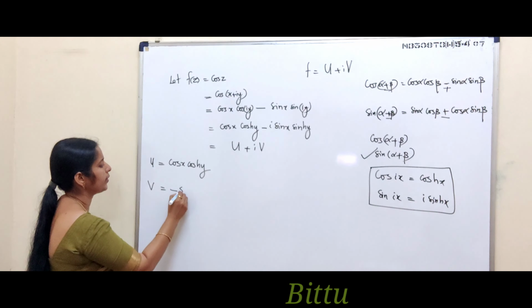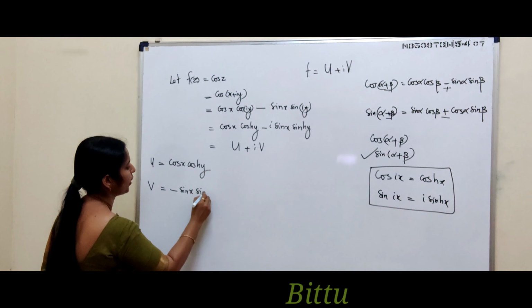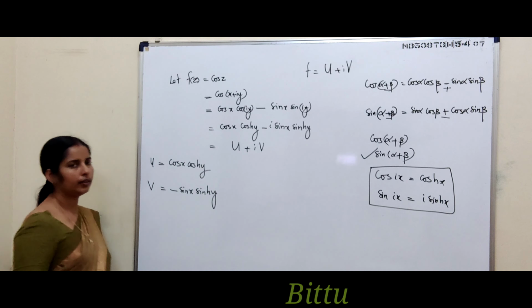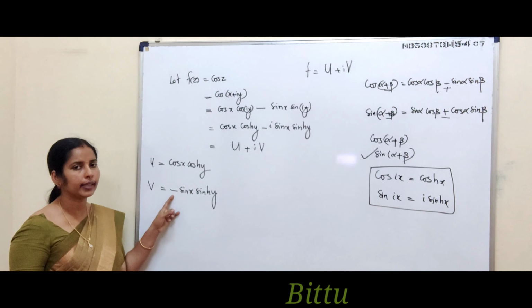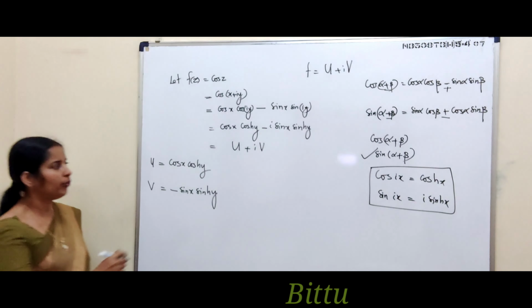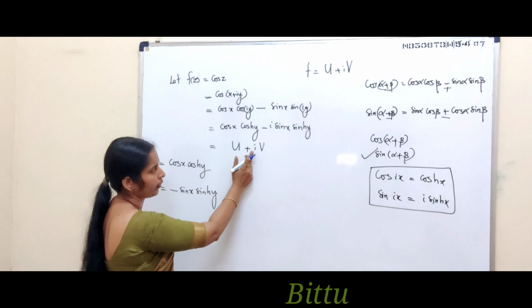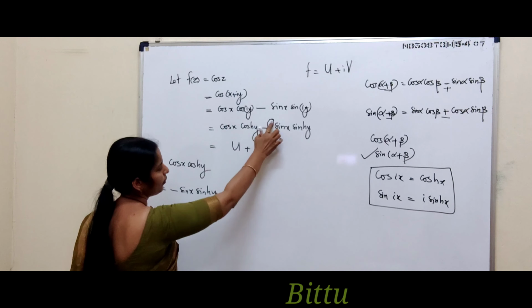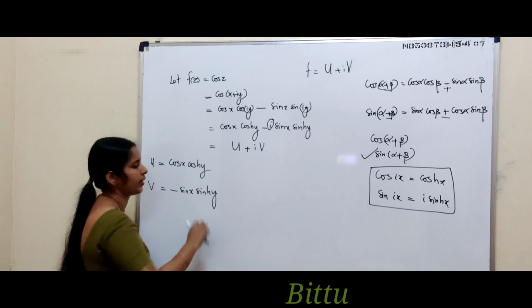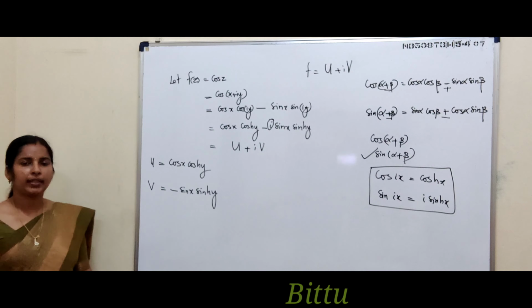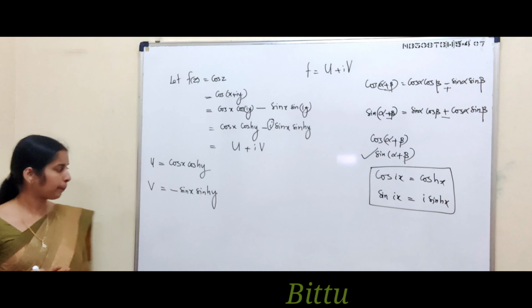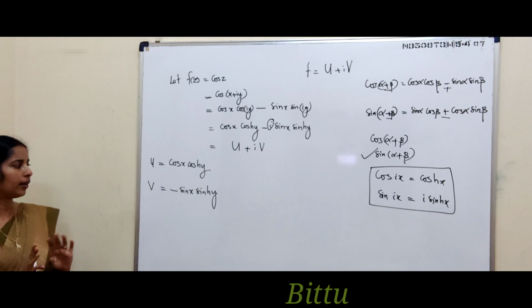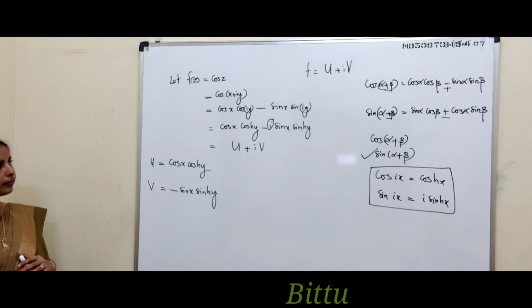It is minus sin x sinh y. Don't forget to put the negative sign here because v is the coefficient of i. What is the coefficient of i? Coefficient of i is minus sin x sinh y. Sometimes a few students may drop the negative sign, so you have to remember that.